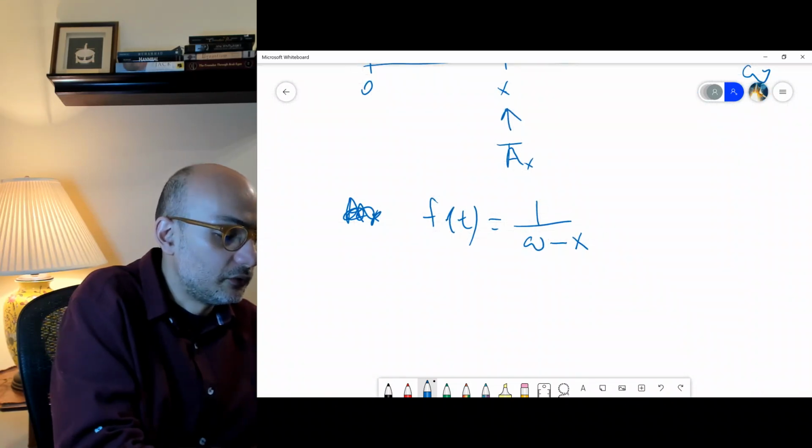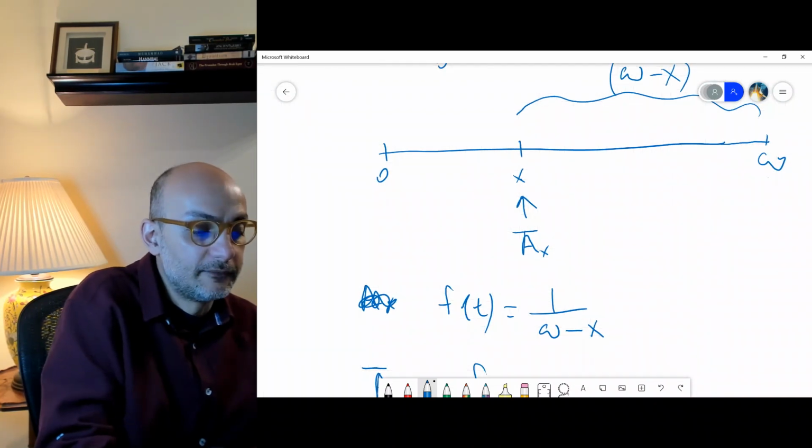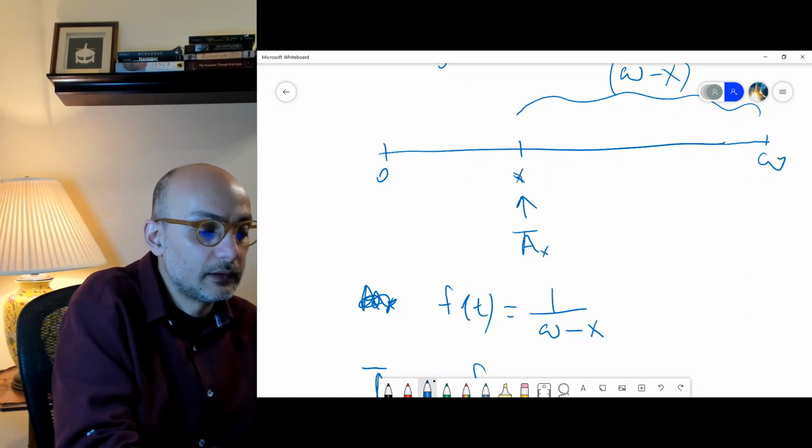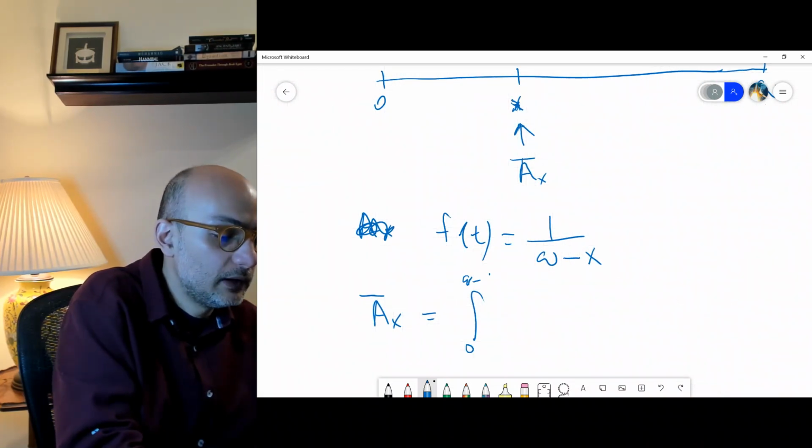So now if we know this fact, the integral goes from 0, we don't go to infinity, we go to omega, but since we are here already, t goes from 0 to omega minus x.